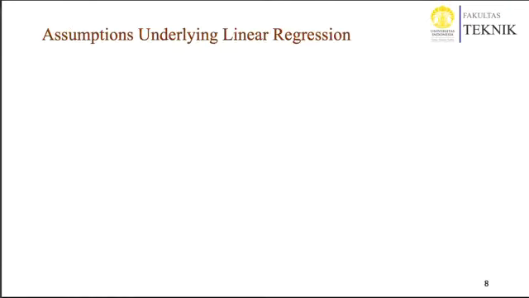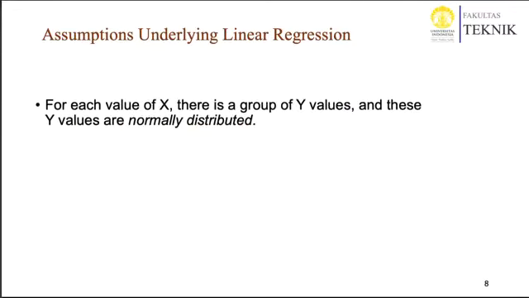Note that in order to finish this regression analysis, we need to make several assumptions which underlie this linear regression. First, for each value of x, there is a group of y values.